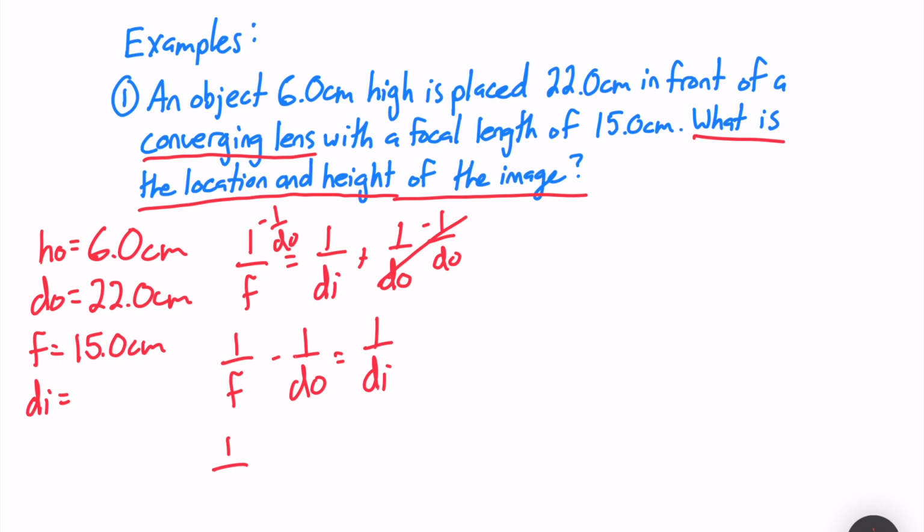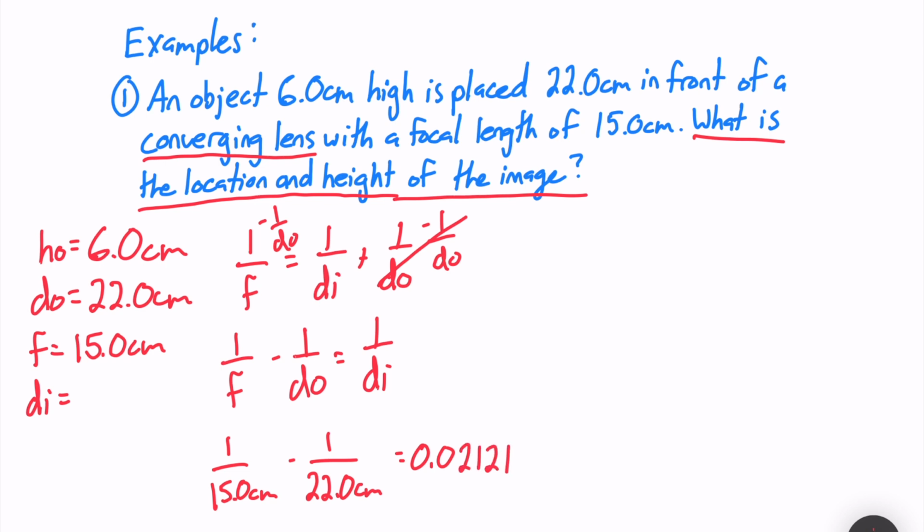Let's fill that in now. We have 1 over the focal length, which is 15 centimeters, minus 1 over 22 centimeters. Let's type that into our calculator. We have 1 over 15 minus 1 over 22. That'll give you a decimal, 0.02121 repeating.